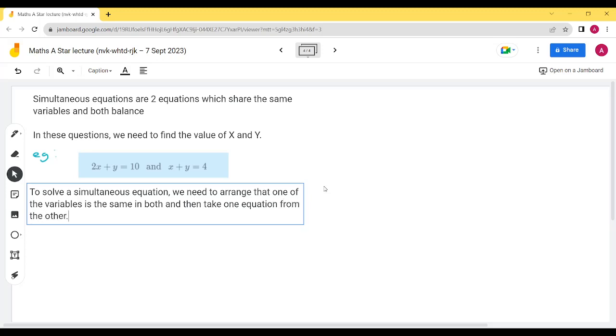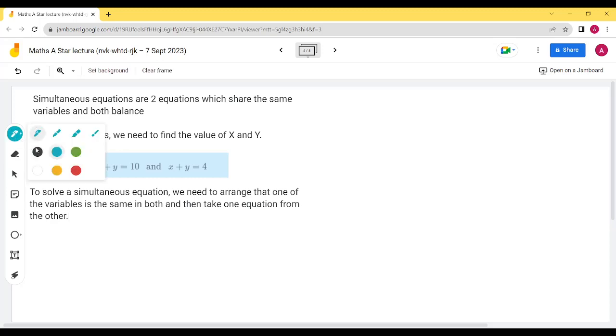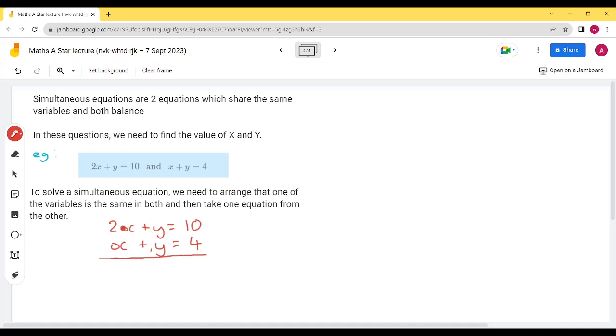In this case, one of the variables is already the same in both: y, we've got 1y in our first equation, we've got 1y in our second. So all we've got to do is take one from the other. You write one above the other: 2x plus y equals 10, and then x plus y equals 4. Take one from the other, and we get x just equals 6.